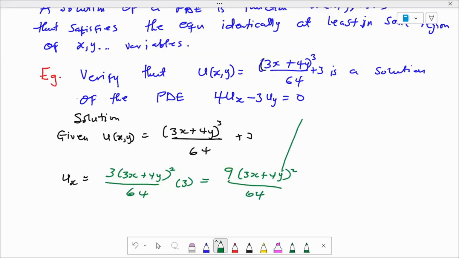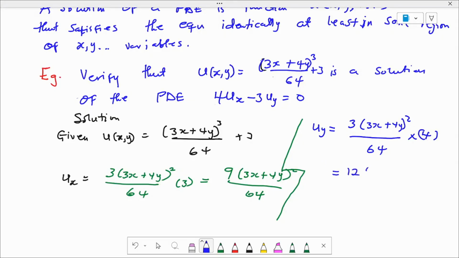Then I do the same thing for u_y. The 3 drops, I have (3x plus 4y) squared over 64, multiplied by the derivative of the inside, which is 4. So I have 12(3x plus 4y) squared all over 64.